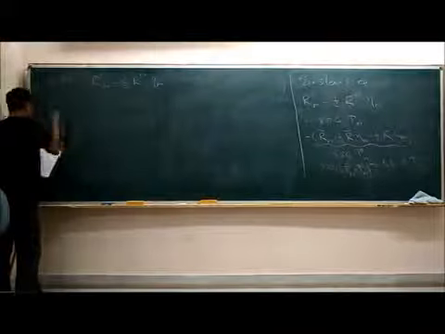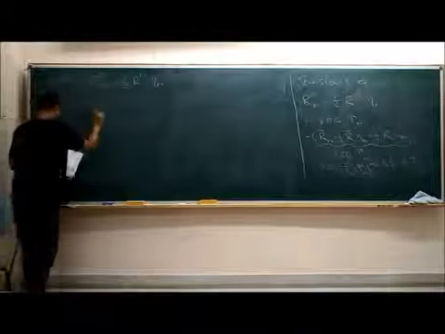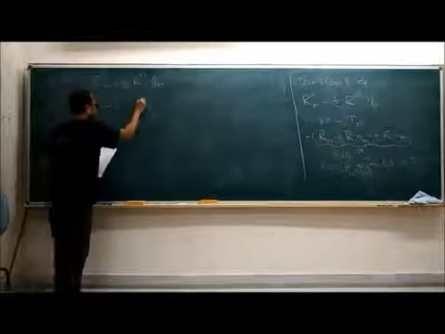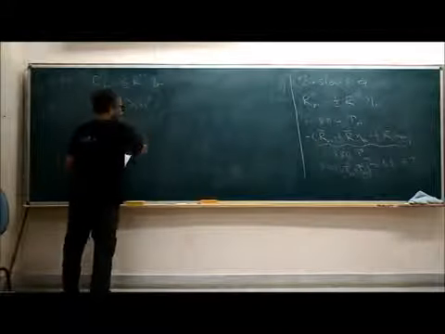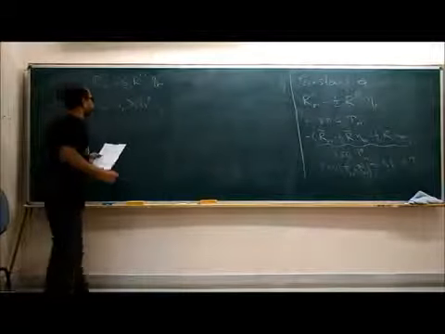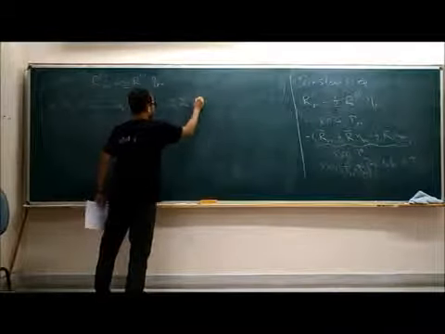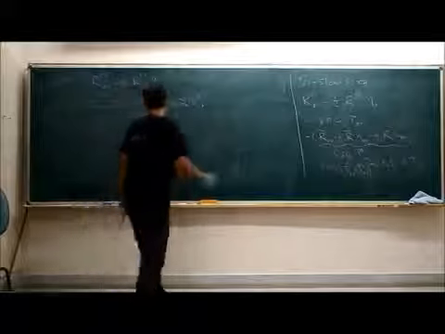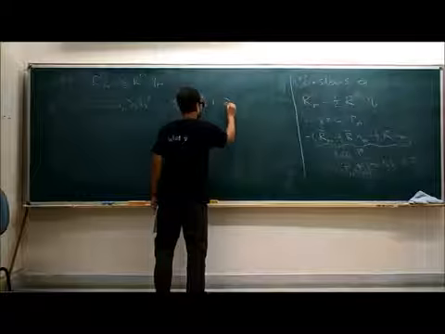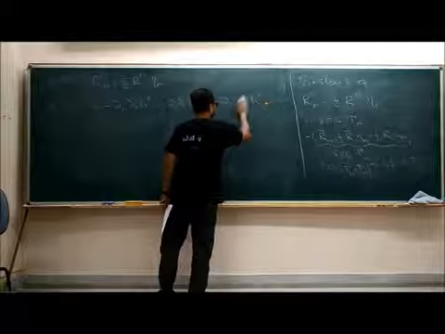So R1 mu nu was box H mu nu minus del mu del lambda H lambda nu, minus del nu del lambda H lambda mu, plus del mu del nu H lambda lambda.